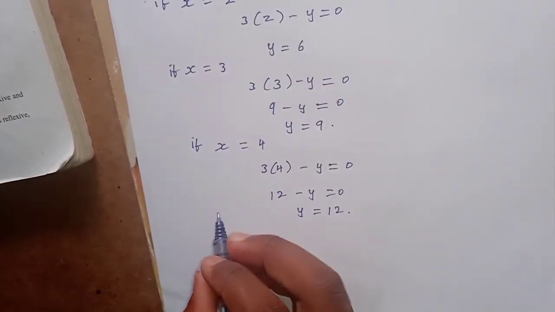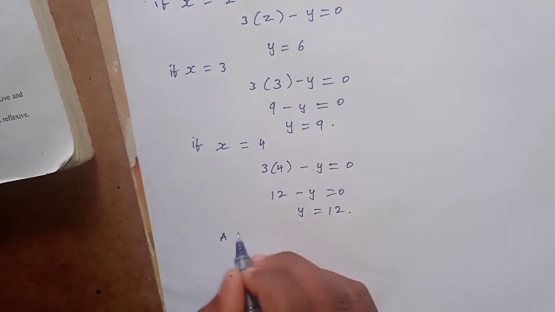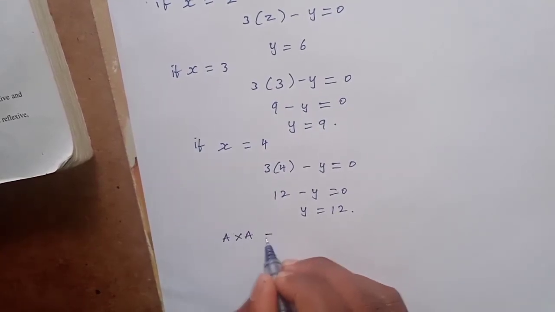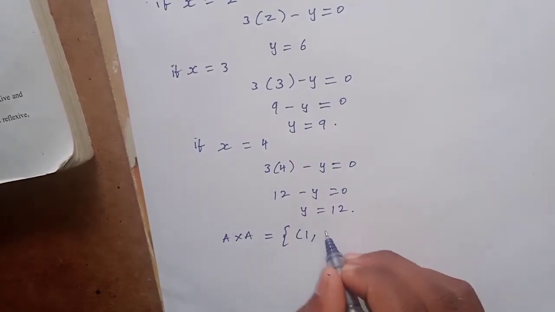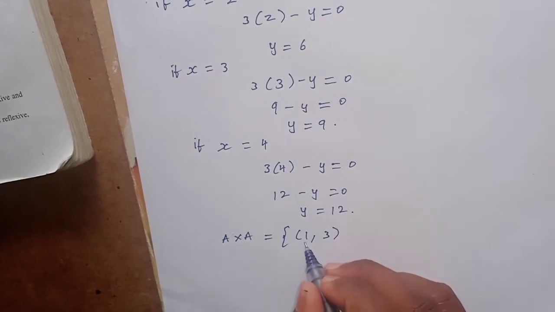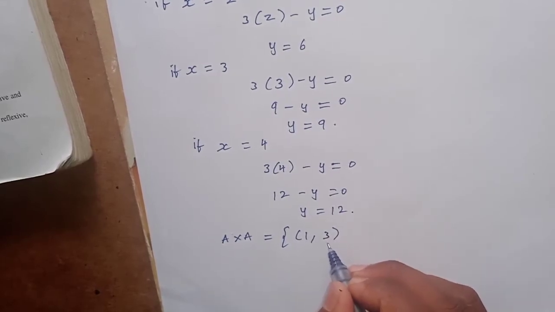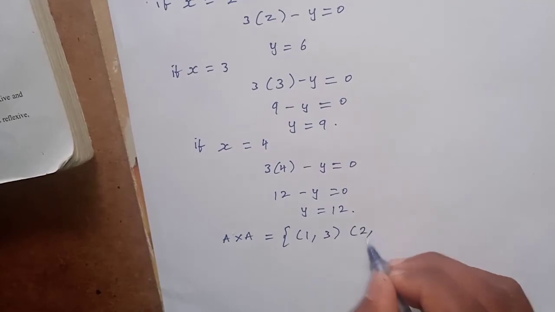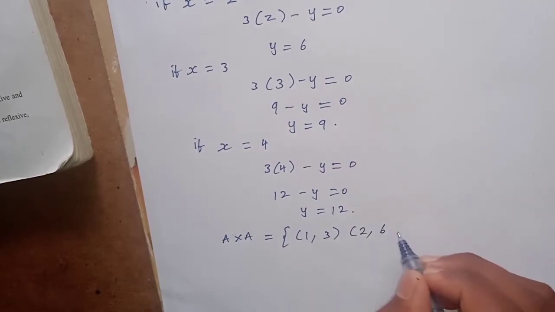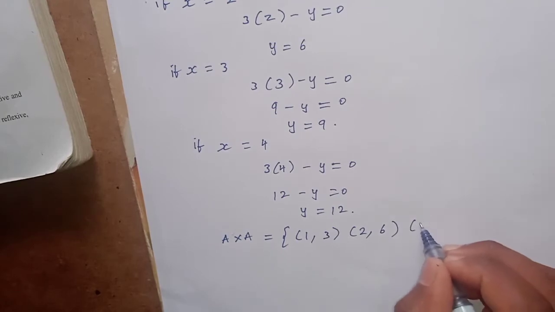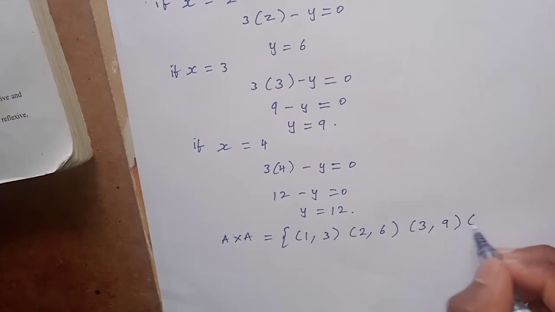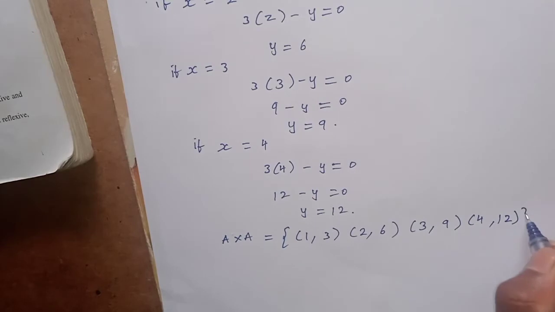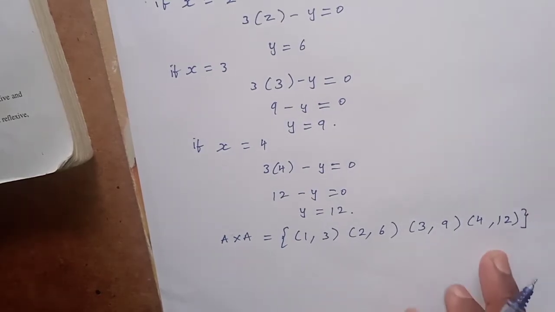Therefore the required ordered pairs in A into A are: first one (1, 3), here the first value is x and the second value is y. Next x equal to 2, y 6; x 3, y 9; x 4, y 12. Okay, this is our ordered pairs.